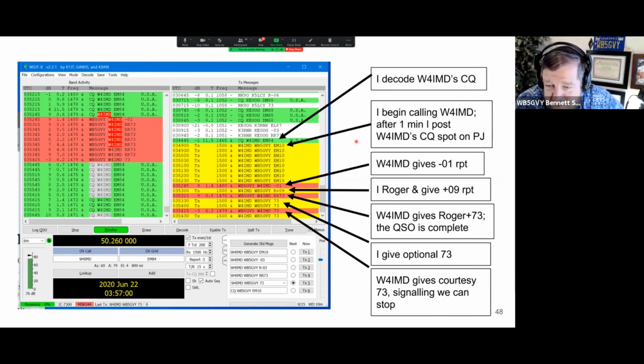And about a minute after that, I did the post to Ping Jockey. Then we see that he gives me a -1 report. Next, I give him a -9 report, and then we have his Roger and 73. And once this Roger is received, then the QSO is complete. And then I give an optional 73, and he gives a courtesy 73 signaling we can stop.